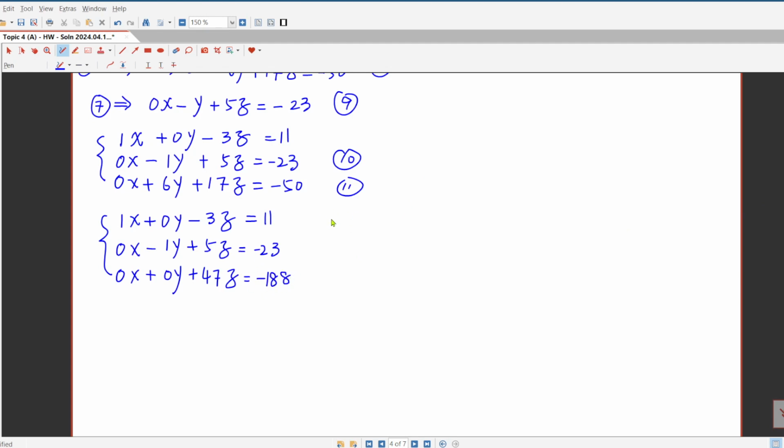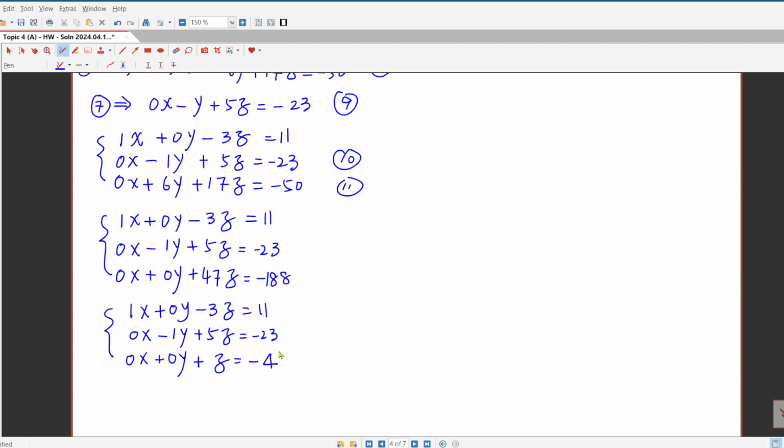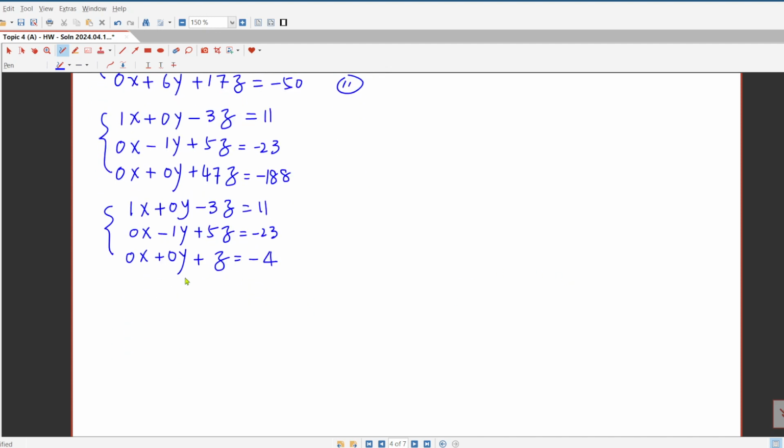-188, right? And again, this can be further simplified to 1x plus 0y minus 3z equals 11, 0x minus 1y plus 5z equals -23, and 0x plus 0y plus z equals -4, right? And use number 12 times 3 added to equation number 1.